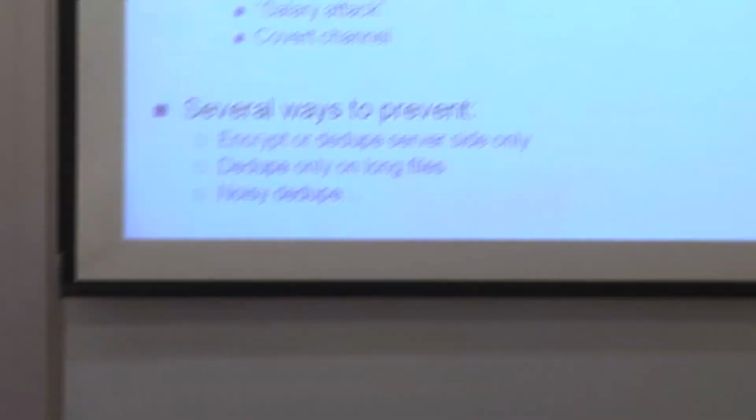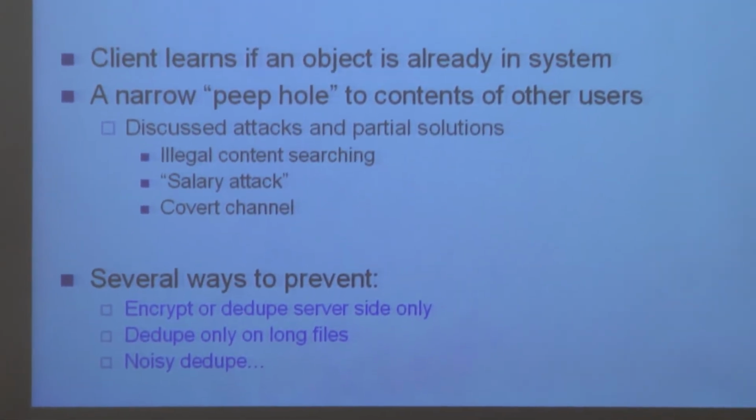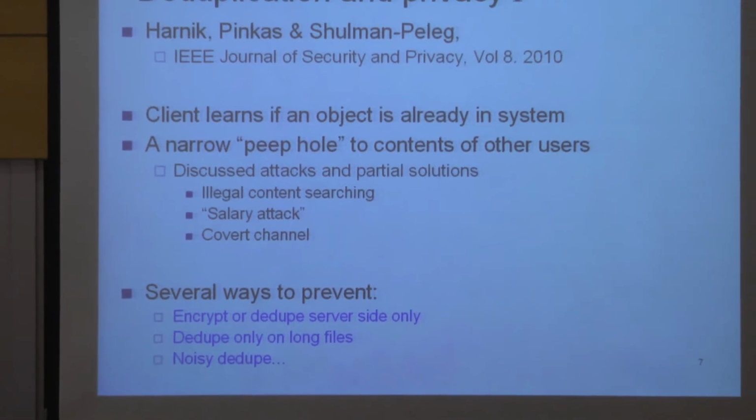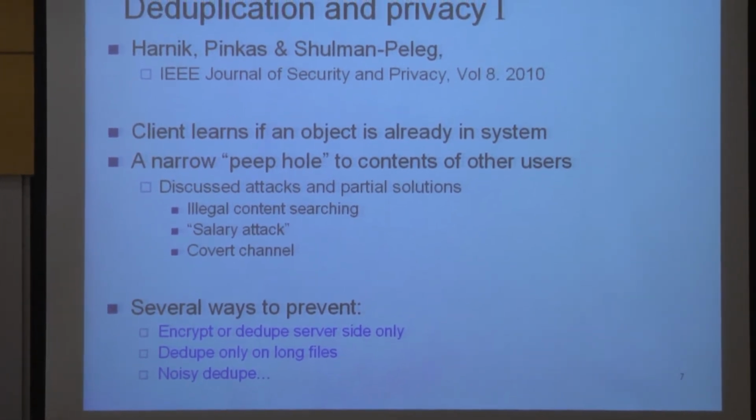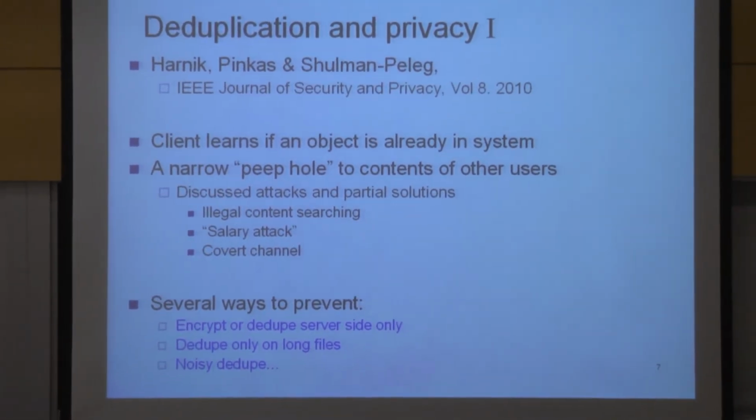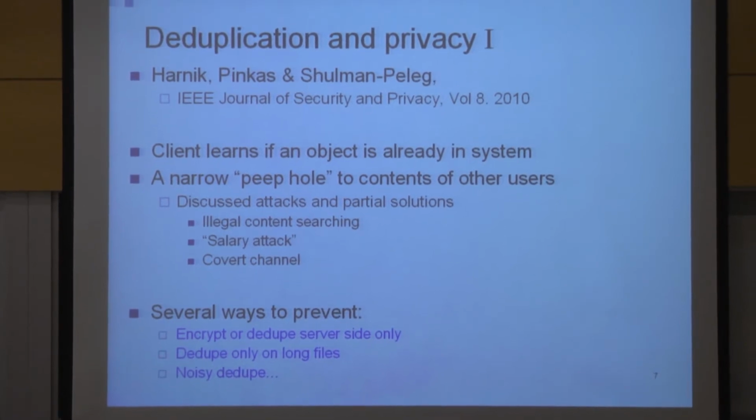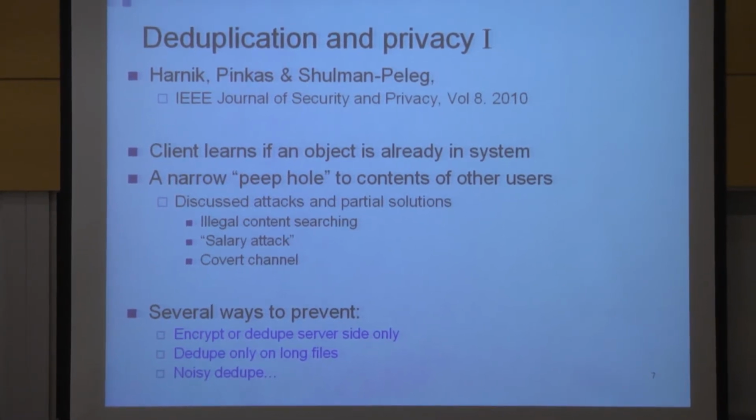So let's get back to the privacy issue. So I think I've established that it is a phenomenon out there, and now what do we have? This is the first work that I've done together with Benny Pinkas and Alex Shulman-Peleg, and the point is this: when you have client-side cross-user deduplication, you get a sort of a peephole into other people's data.